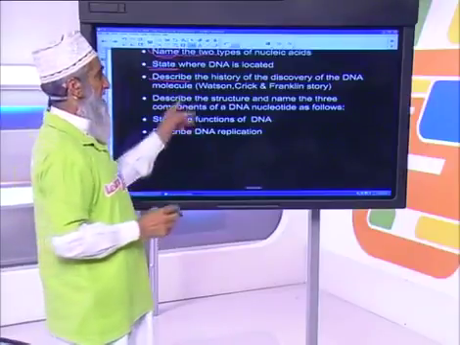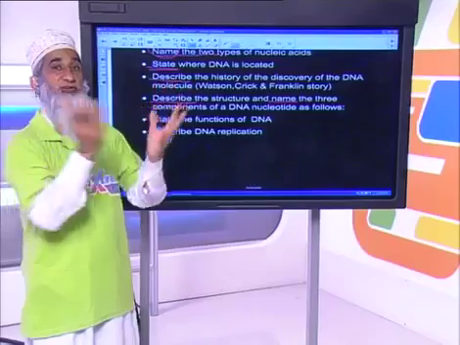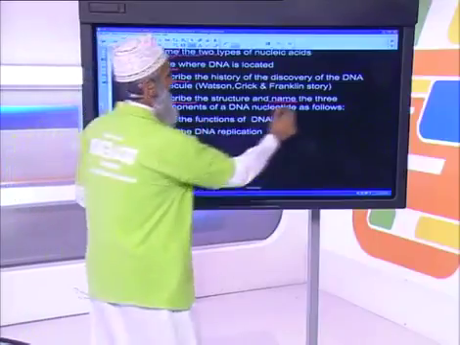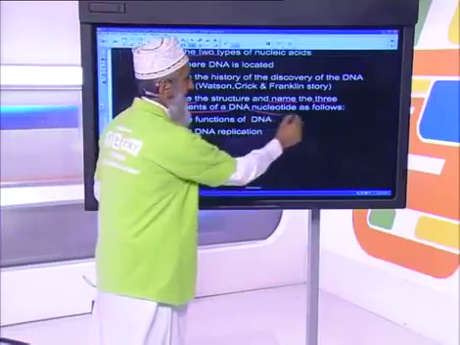Describe the history of the discovery of the DNA molecule, the Watson, Crick, Franklin story. What happened? How was this molecule discovered, etc.? Again, describe the structure and name. Look at that now. In the one sentence, you're getting two action verbs. Describe the structure. In other words, you're going to tell us what the structure is, and name the three components of a DNA nucleotide, a big word there as well.